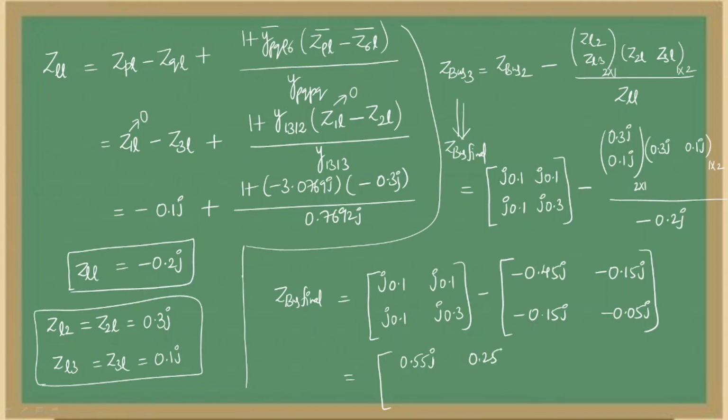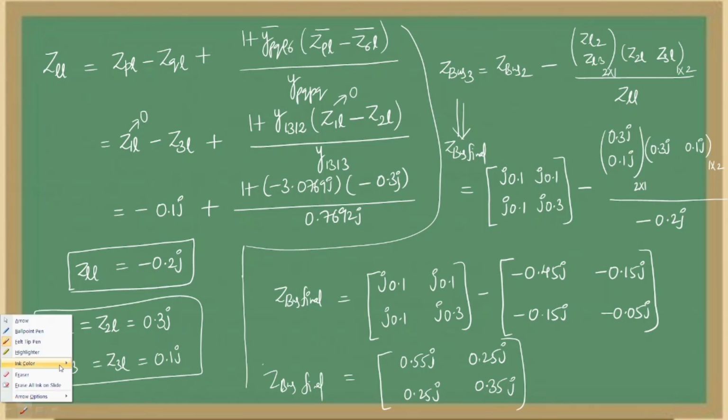So you will get 0.25J, and this element must automatically be 0.25J. Then 0.3 plus 0.05, you will get 0.35J. Okay, so this is the Z bus matrix of the given power system network.